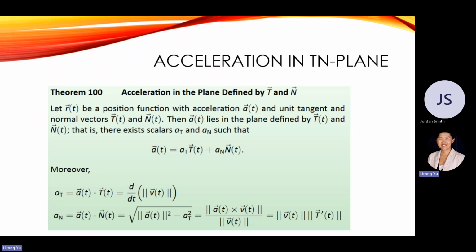So the magnitude of a is the hypotenuse of the right triangle. If you already have a_T, it's like having the short leg and the hypotenuse, and then a_N is really the other short leg of the right triangle. So we can use the Pythagorean theorem if a_T has already been solved. There are two more formulas for the computation.